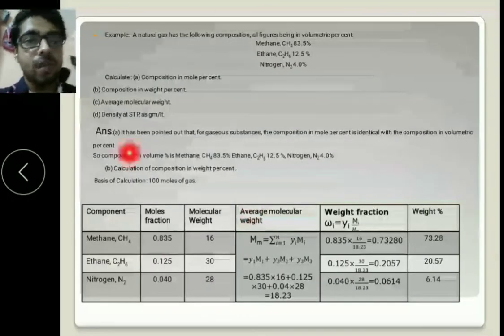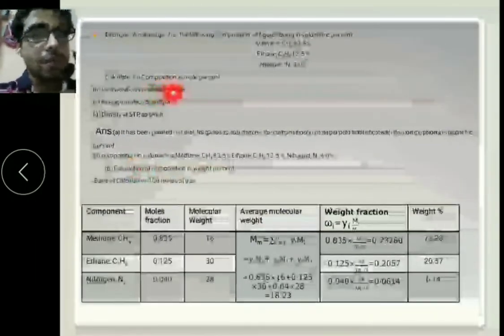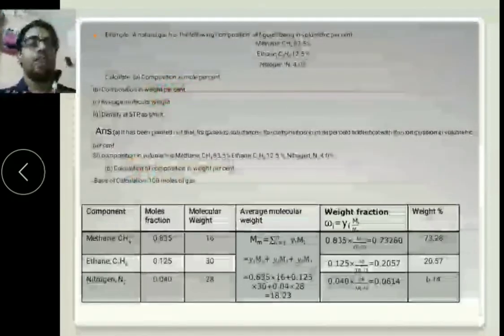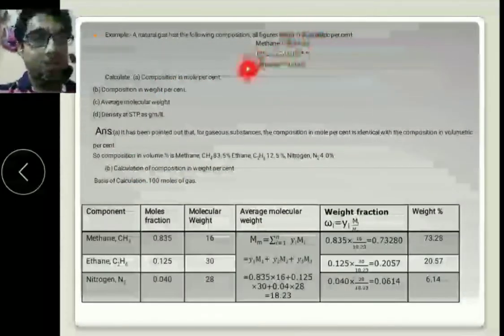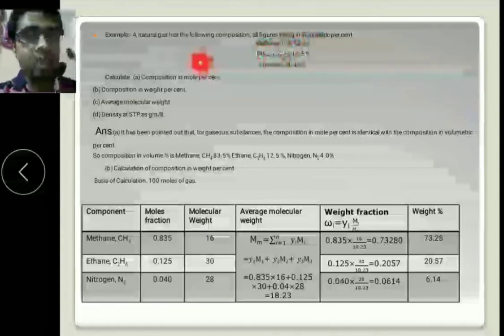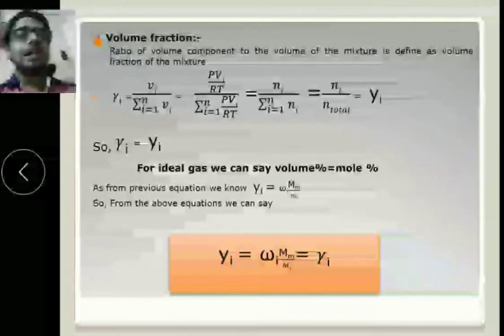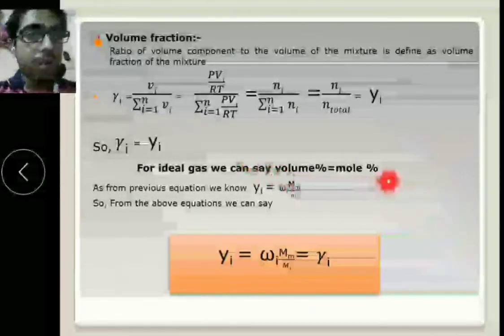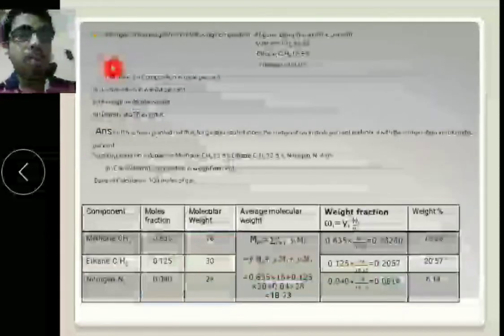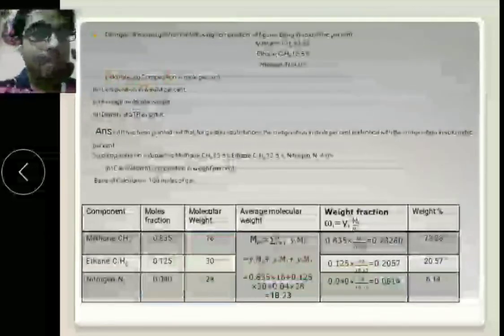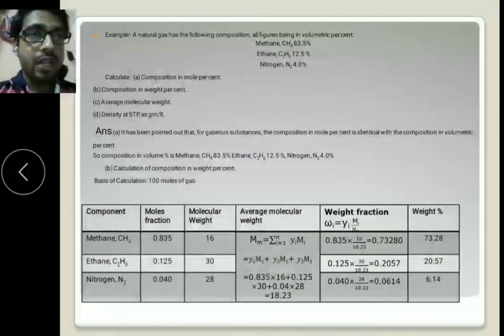What we have to calculate is the composition in mole percent. The problem is in volume percent and the calculation is in mole percent. From this formula we know volume percent is equal to mole percent. So the mole percentage of methane is 83.5%, ethane is 12.5% and nitrogen is 4%.